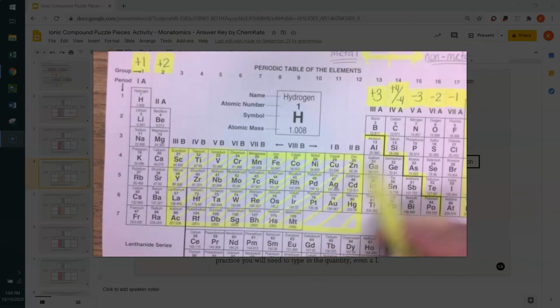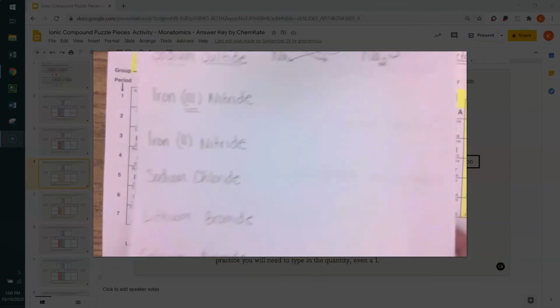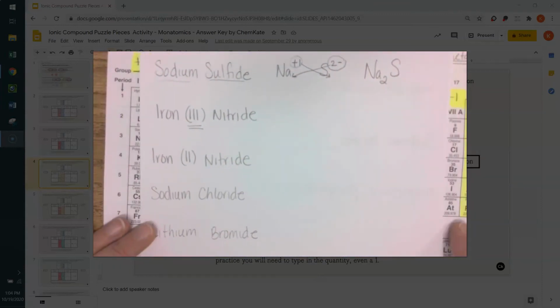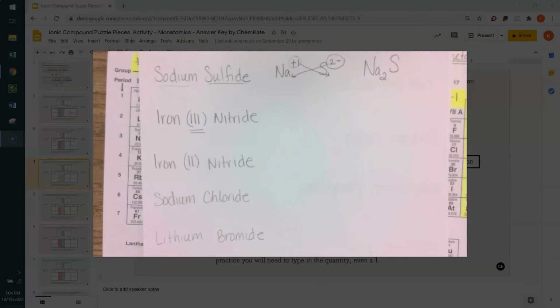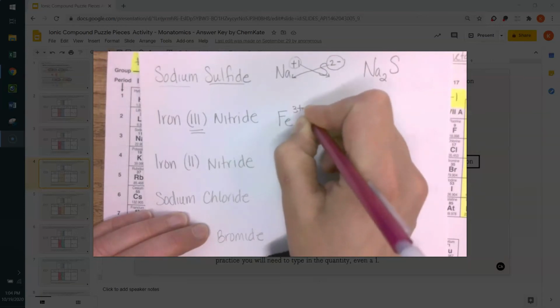Okay? So, in this first one, we see that we have iron 3 nitride. Now, you would need your ion chart in order to look up what iron 3 was for an ion. Your ion chart is in the Google Classroom at the very top, so you would say iron 3, look it up, and it would be Fe3+.